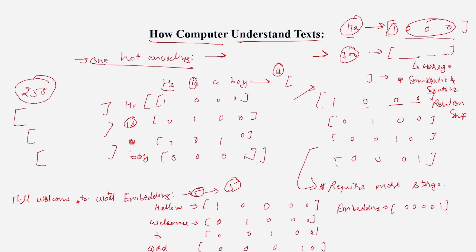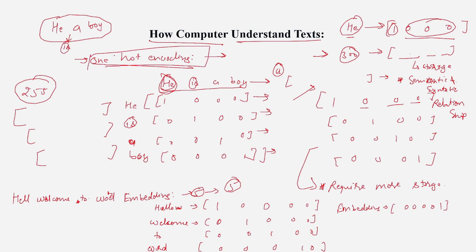We have seen an example: "He is a boy." For each word, we are making a one-hot encoder. Suppose we predict the next word for "he a boy." Something is missing in this. "He is a boy." One-hot encoding may not preserve the semantic or syntactic meaning.